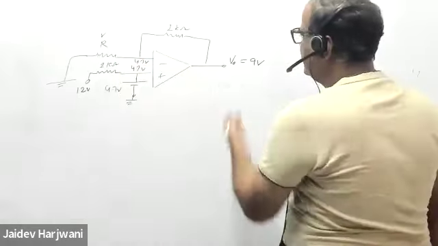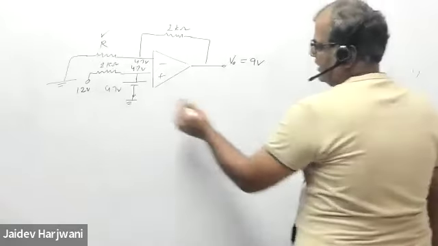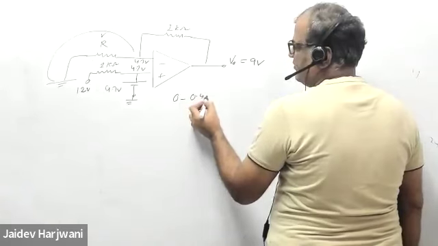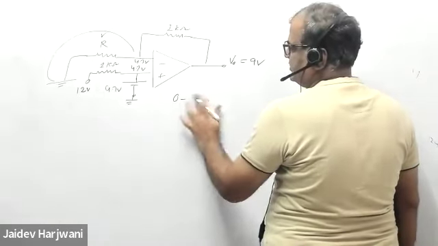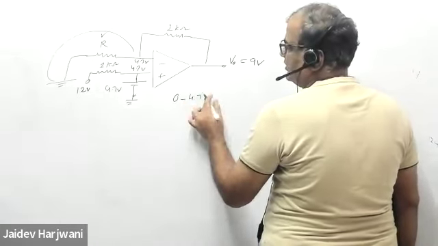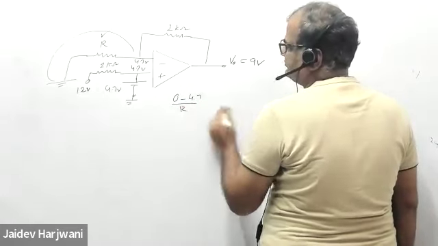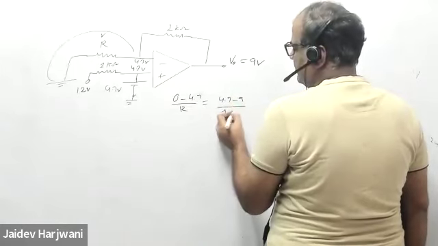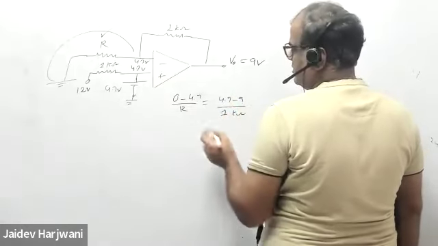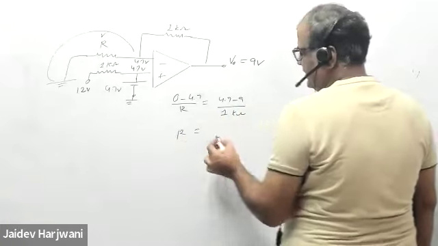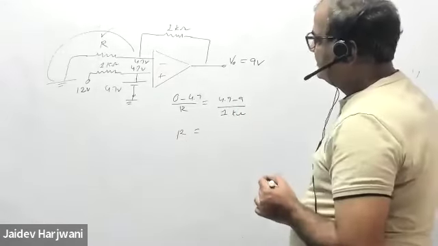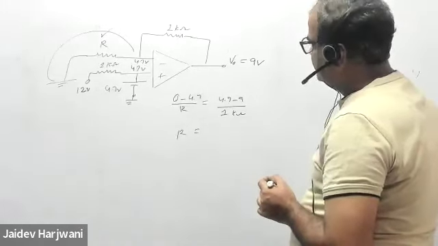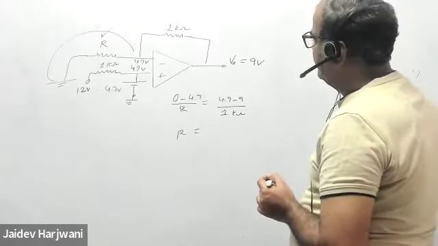Now you can easily find the value of R. So I can write 0 minus 4.7 divided by R equal to 4.7 minus 9 divided by 1 kilo ohm. So my R will be... just 1 minute.